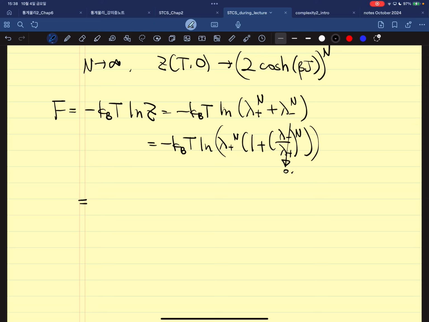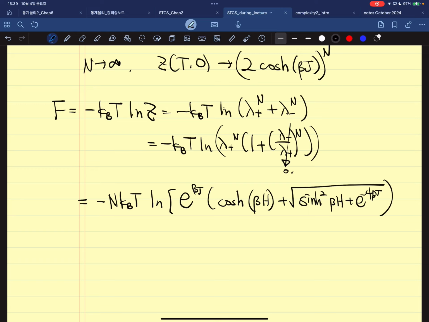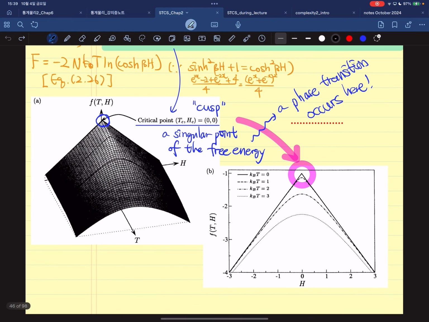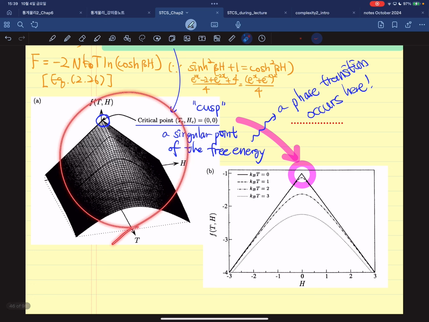Then we can have this form in kBT. This is a rather complicated formula because we kind of revived this H term. A pretty complicated looking term, but the shape is very similar to the one we are already familiar with for the non-interacting spin system.